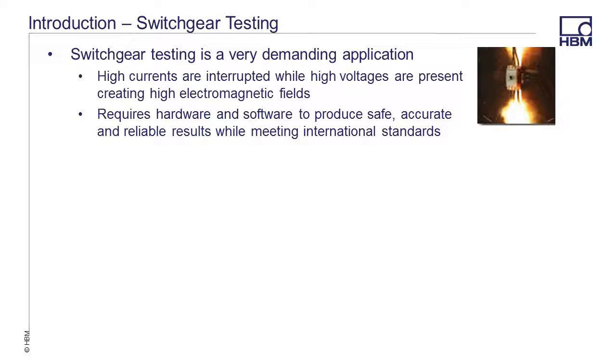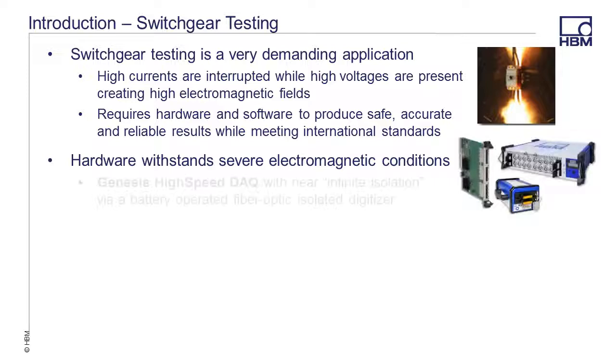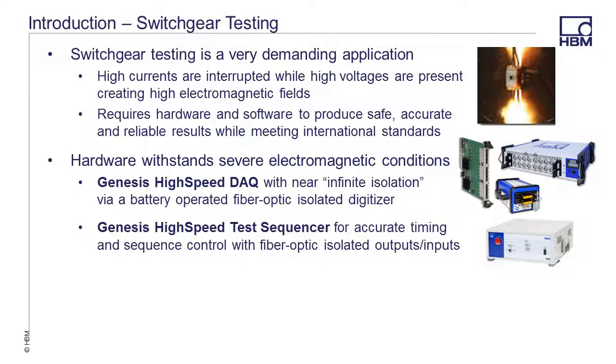HBM offers a long-time proven hardware solution specifically designed to withstand severe electromagnetic environmental conditions, known as the Genesis HighSpeed Data Acquisition System, offering near-infinite isolation via a battery-operated fiber-optic isolated digitizer, plus the Genesis HighSpeed Test Sequencer for accurate sequence and timing of events with fiber-optic isolated outputs and inputs.